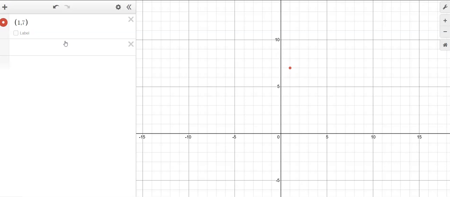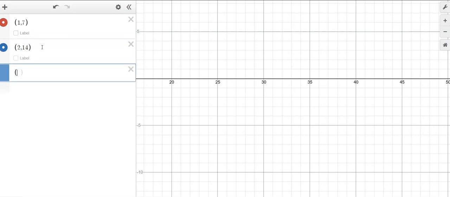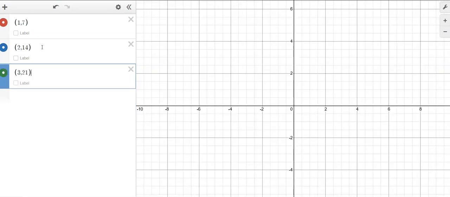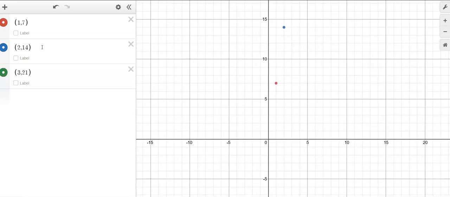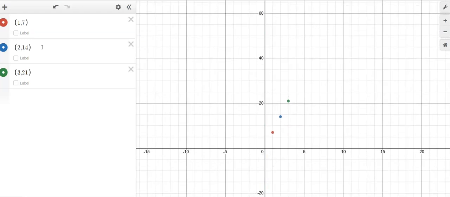The second term is 14. And the third term is 21. Now, what kind of pattern are you seeing?